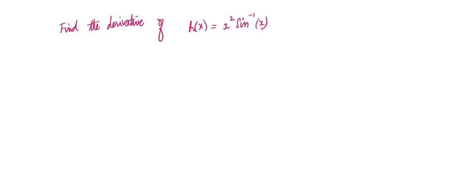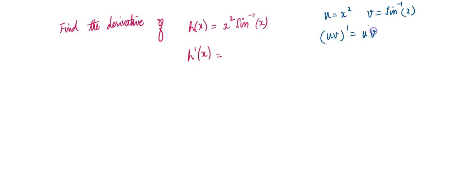It looks complicated because you now have x squared being multiplied by the sine inverse. But because of the help we just had, we can handle this more gracefully. You're trying to find h prime of x, for which you'll have to use the product rule. Your u is x squared and your v is sine inverse of x. So (uv) prime is u prime v plus v prime u, your product rule.